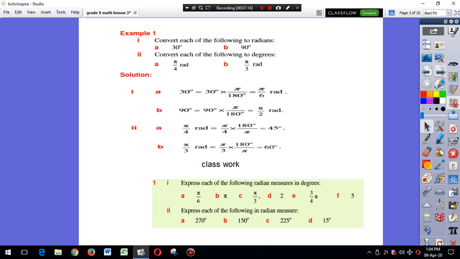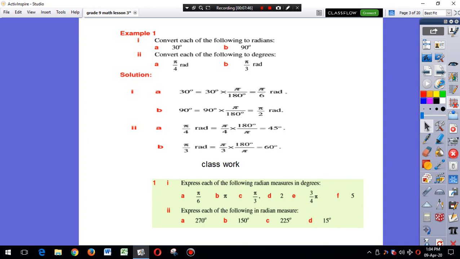So pi cancels out with pi, and 180 degrees divided by 4 is equal to 45 degrees. B, pi over 3 rad. In order to convert rad into degrees, we will multiply by 180 degrees over pi. So pi cancels out with pi, and 180 degrees divided by 3 becomes 60 degrees.